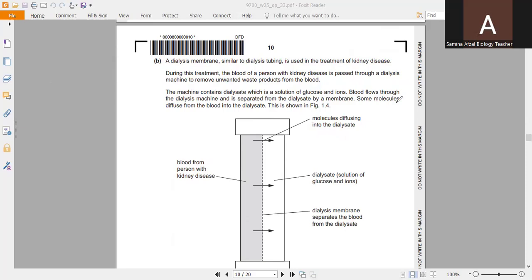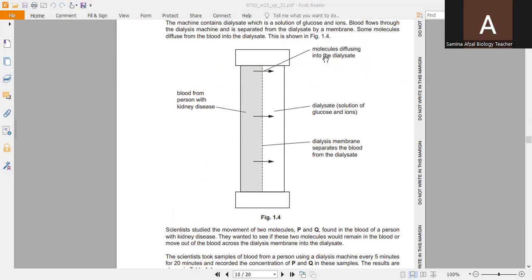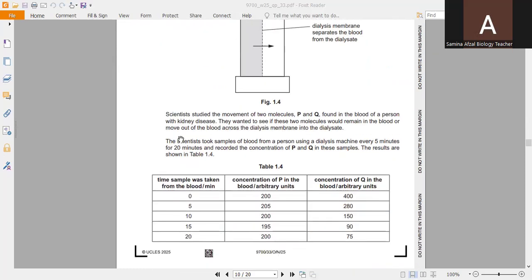Blood flows through the dialysis machine and is separated from the dialysate by a membrane. Some molecules diffuse from the blood into the dialysate, as shown in figure 1.5. You can see molecules diffusing into the dialysate, and the dialysate membrane is there. So this is the blood of the person with kidney disease.